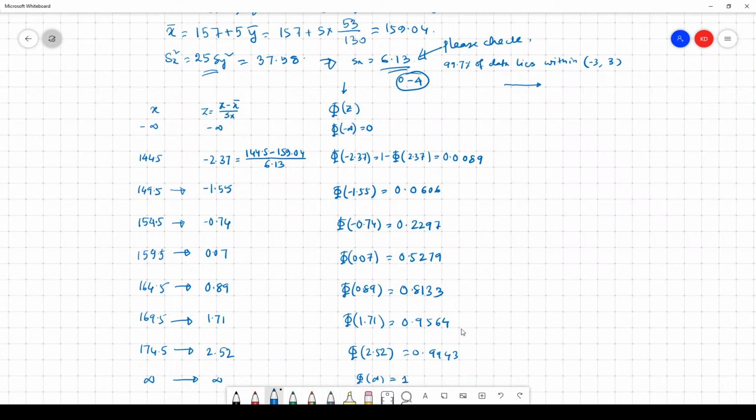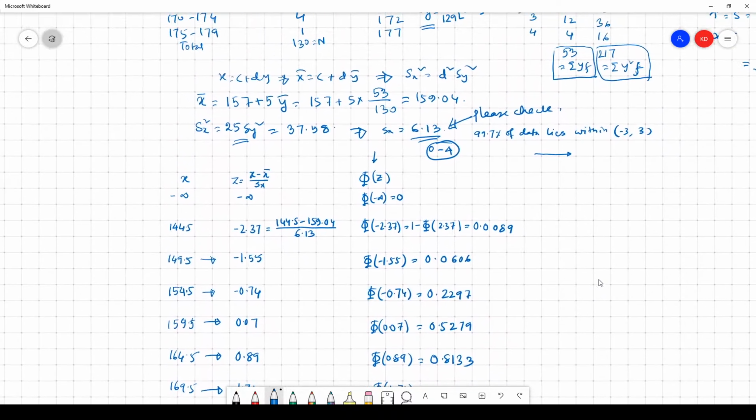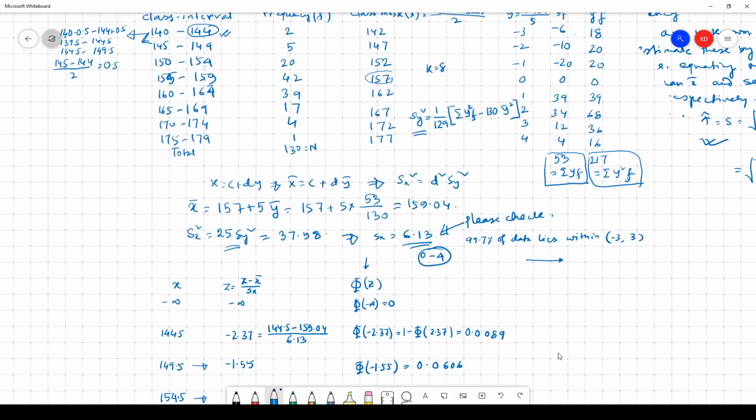So now we are interested in the intervals. What is the expected frequency of the interval 139.5 to 144.5? Similarly, what is the expected frequency of 144.5 to 149.5, and so on.